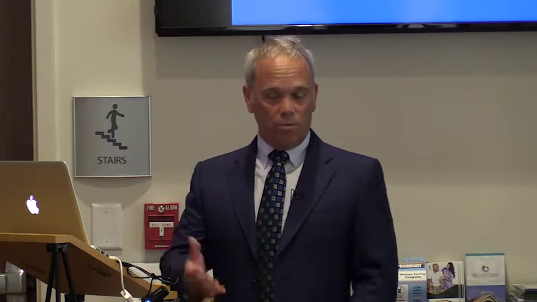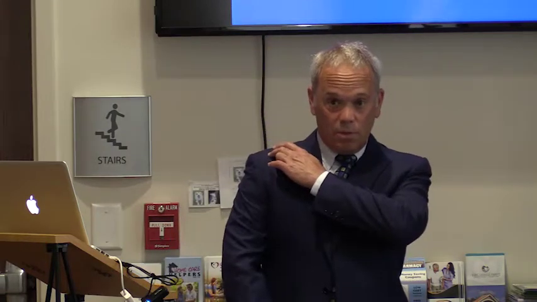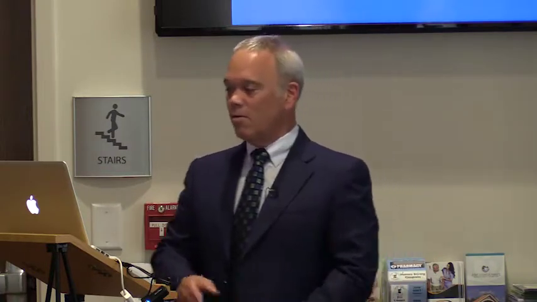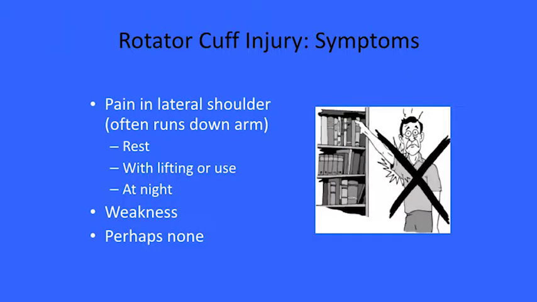So the symptoms of a rotator cuff injury are pain, often in this area that runs down the arm. Generally it doesn't run below the elbow, but it's usually not all the way up near the shoulder. It runs down here, and patients are always telling me, but it hurts here, why are you injecting up here? Well, that is the way the body's wired.